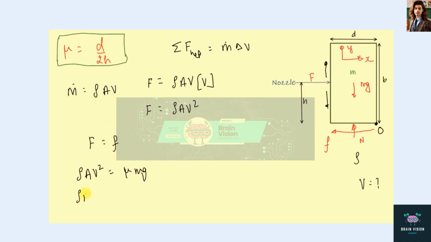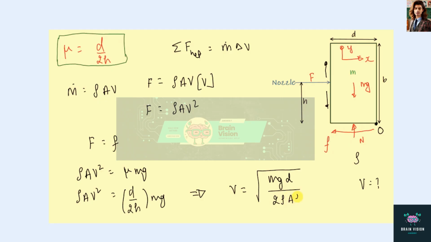So we can write that rho a v square equals d over 2h times mg. So from here, the expression for velocity comes out to be the square root of mg times d divided by 2 rho a h. So this is the required expression for the exit velocity that was asked in the question.